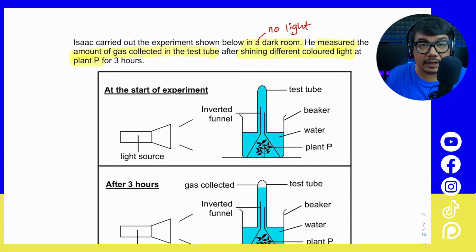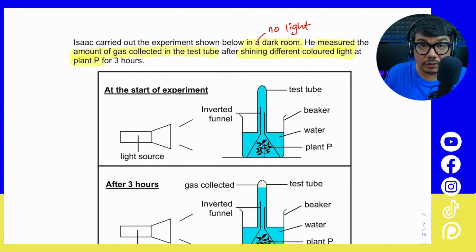Let's take a look at this information. First, he measured the amount of gas collected in the test tube. When it comes to plants, there are two ways that a plant will produce gases: one is through photosynthesis and the other is through respiration. Second, shining different colored light.